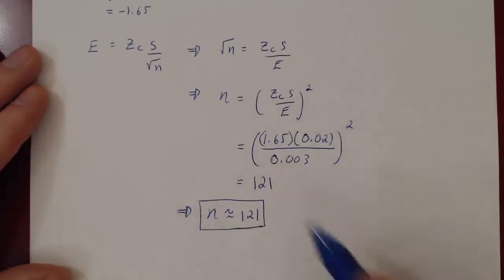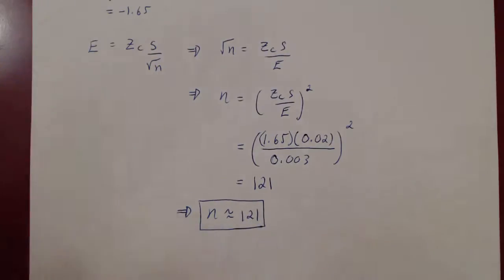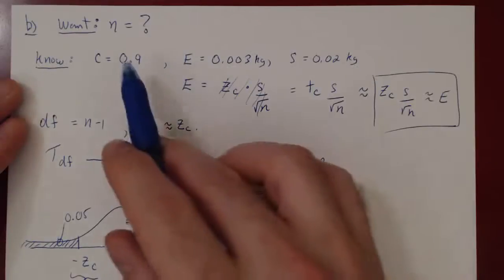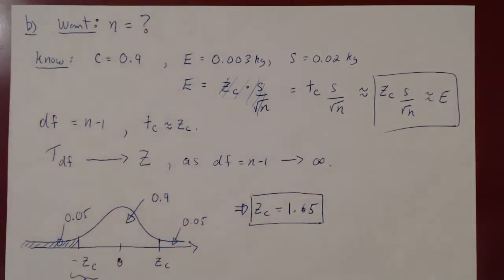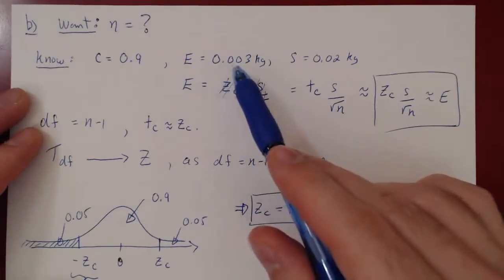So you see, if you take a sample of approximately 121 apples, and you weigh them, you will be 90% confident that the error between the average weight you will obtain from your sample of 121 apples and the true average weight of an apple will be no more than about 0.003 kilograms.